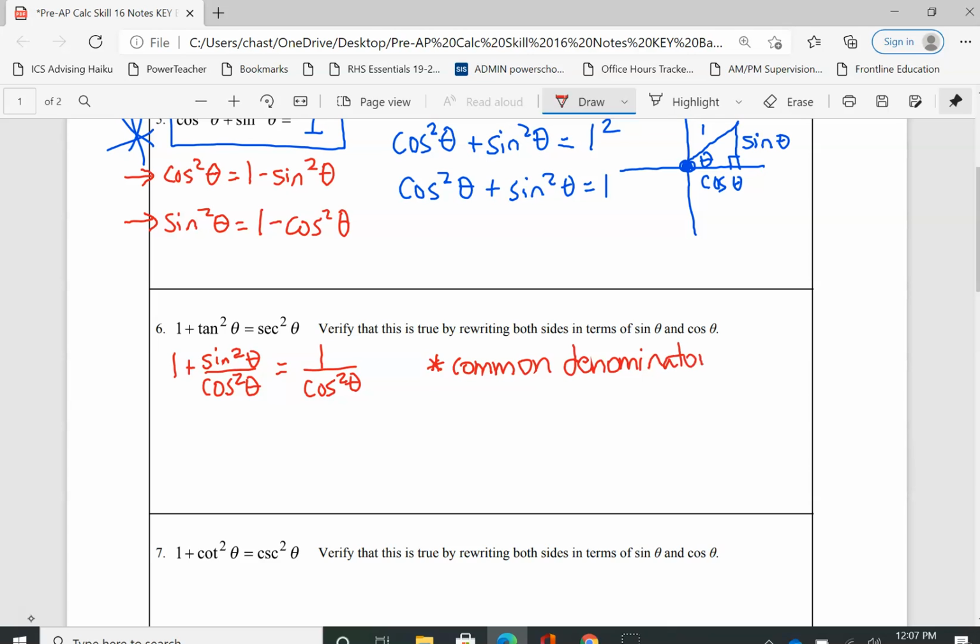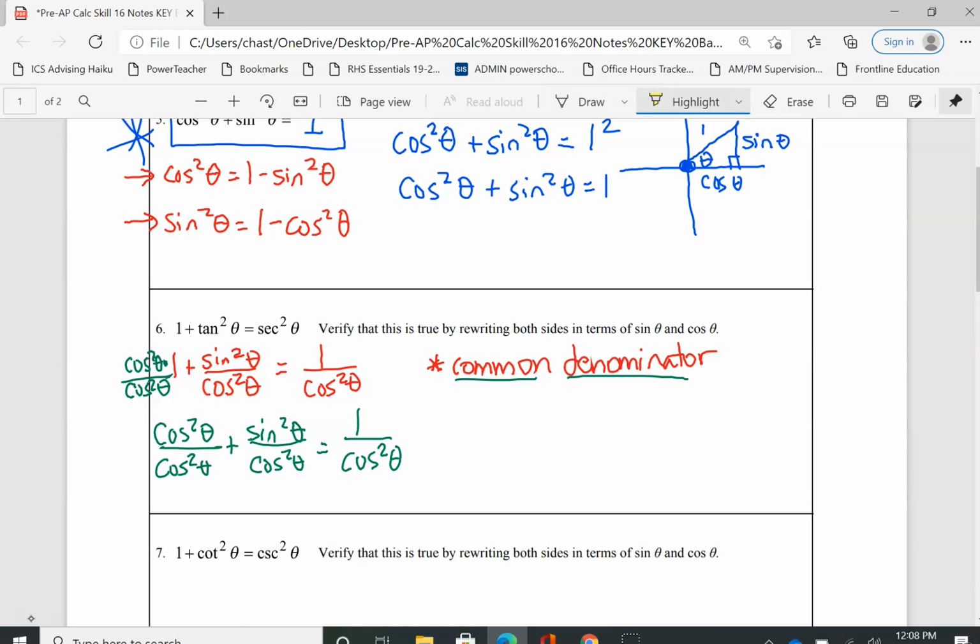My first fraction, I need to multiply top by cosine squared theta and bottom by cosine squared theta. So that gives me the equation cosine squared theta over cosine squared theta plus sine squared theta over cosine squared theta equals 1 over cosine squared theta.